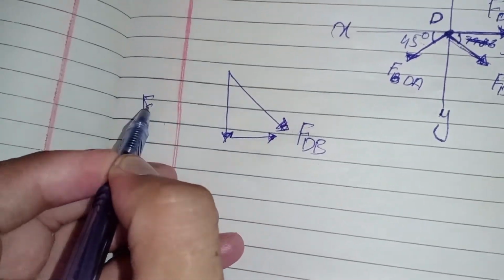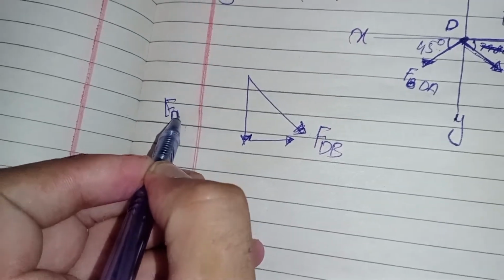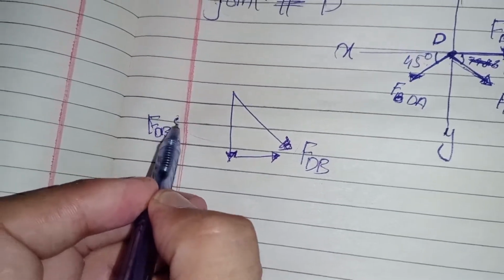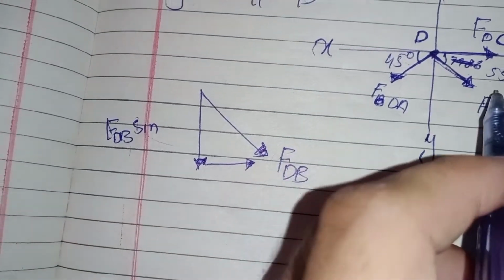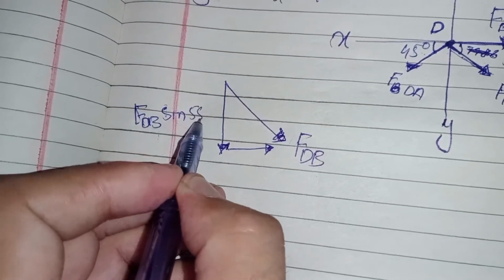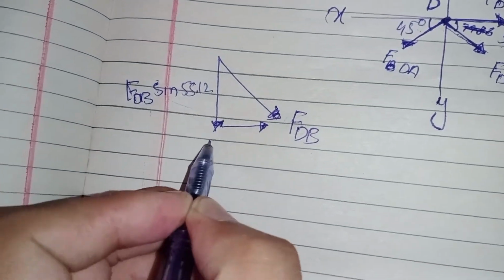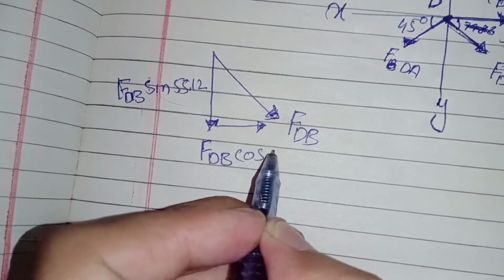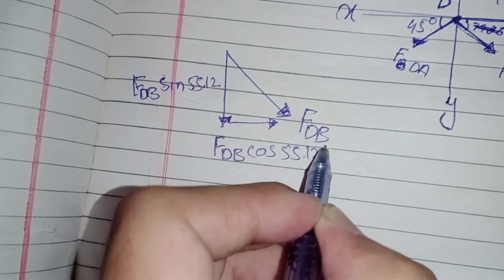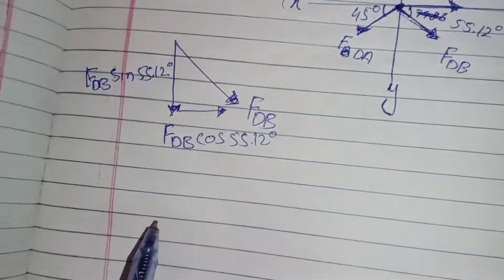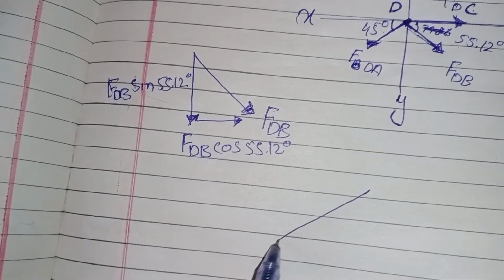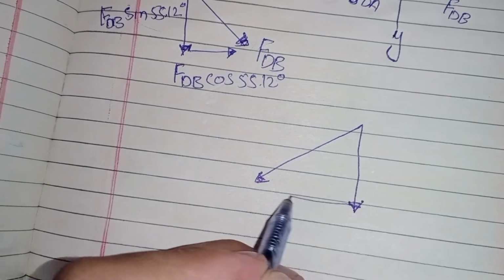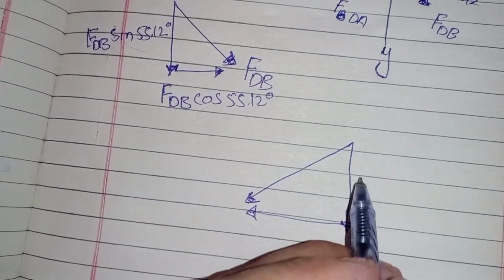So FDB cos 45, FDB sine 55.12, FDB cos 55.12 degrees. Okay, and also this force, this is its vertical component and this is its horizontal component.